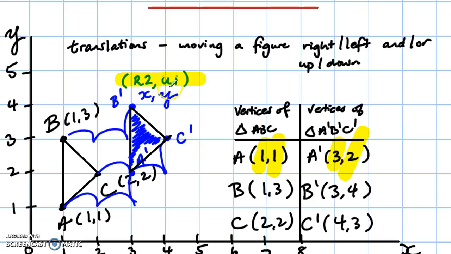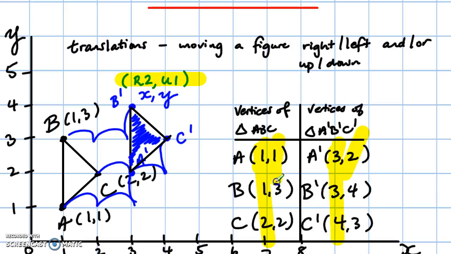Therefore, we can conclude that all of the x-coordinates of the original will have to add 2 to get the x-coordinates of the image. We see that's true. If you look at all the x-coordinates here, look at the difference between the x-coordinates here and the x-coordinates of the image. It should be a difference of 2.